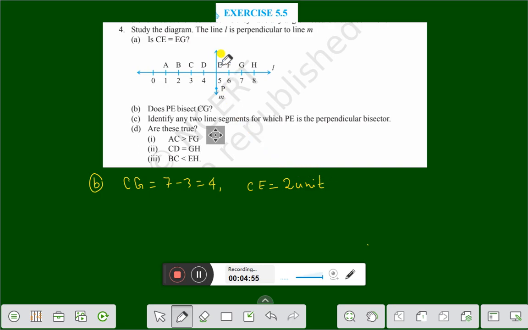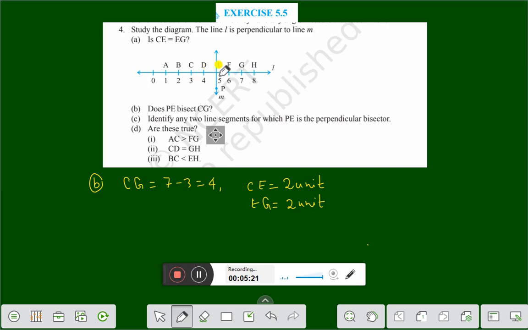And EG, what is the value of EG? EG means this one, E to G, that is 7 minus 5. It is also 2 units. That means you are finding that CG is equal to 4, CE is equal to 2 units and EG is equal to 2 units.